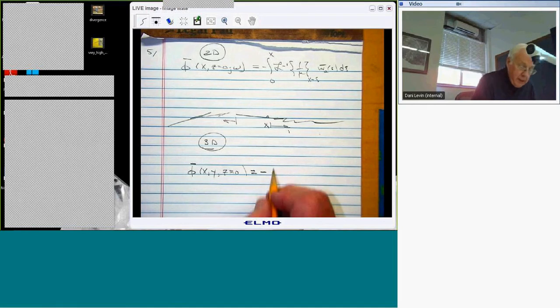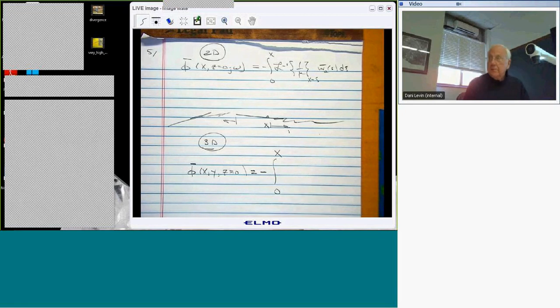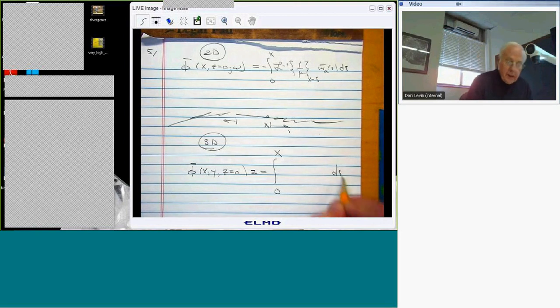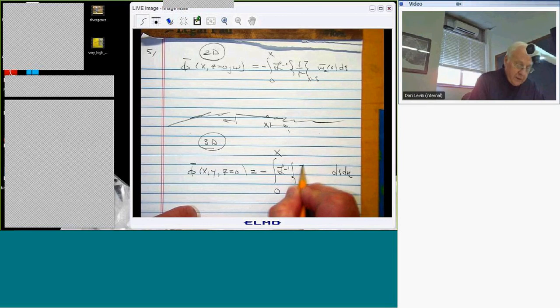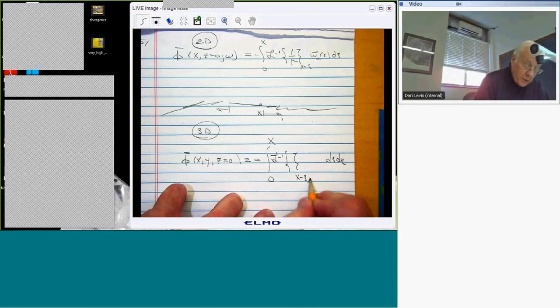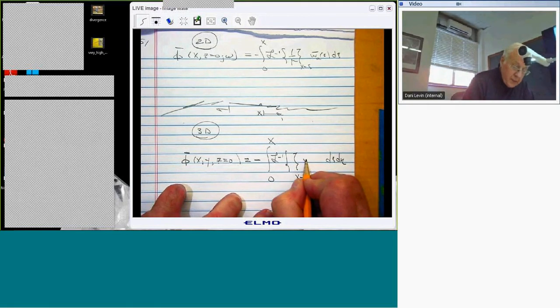It's still going to be an interval from 0 to x over some variable c, but we'll need another integral to take into account the span-wise variation. So there's got to be another dummy integral variable, eta, and we're going to have some inverse of something that depends on x minus c, y minus eta, times w bar a, which depends on c, but of course it also depends on eta.